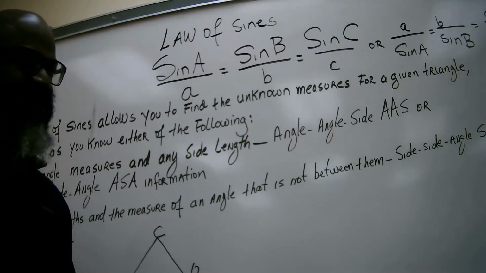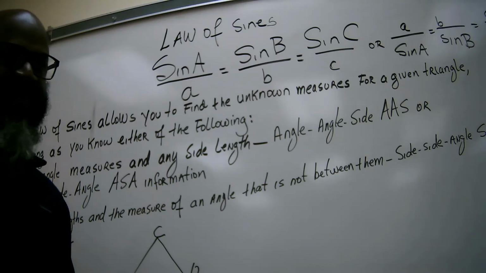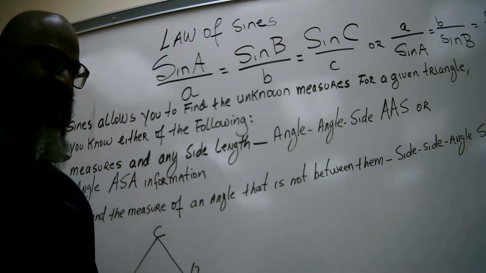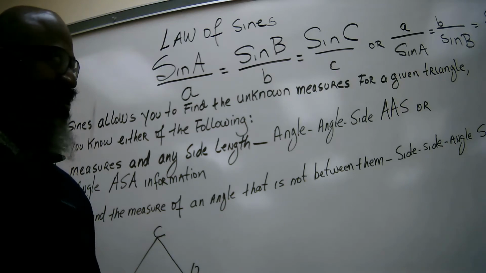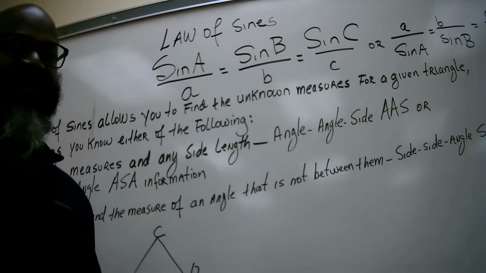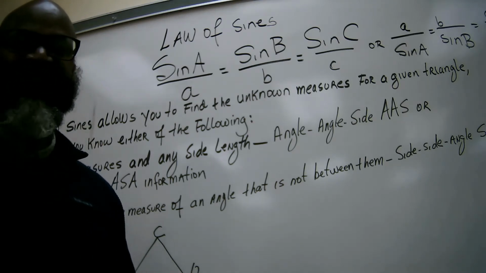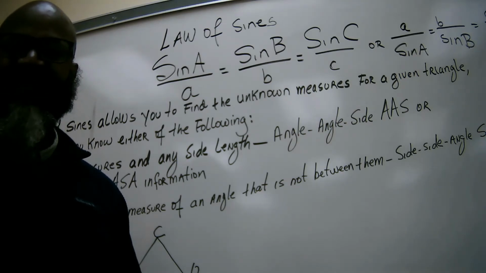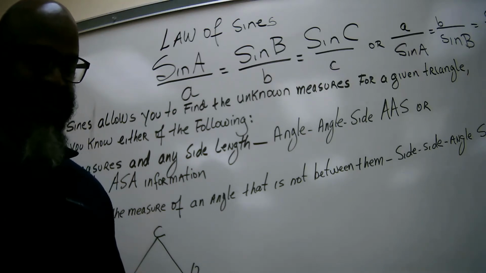The law of sines goes this way: sine of an angle, remember, angles are represented by capital letters, over the side of that angle. Sides are represented by lowercase letters. So sine of angle A over side a is equal to sine of B over side b, equal to sine of C over side c, or you can do the reciprocal.